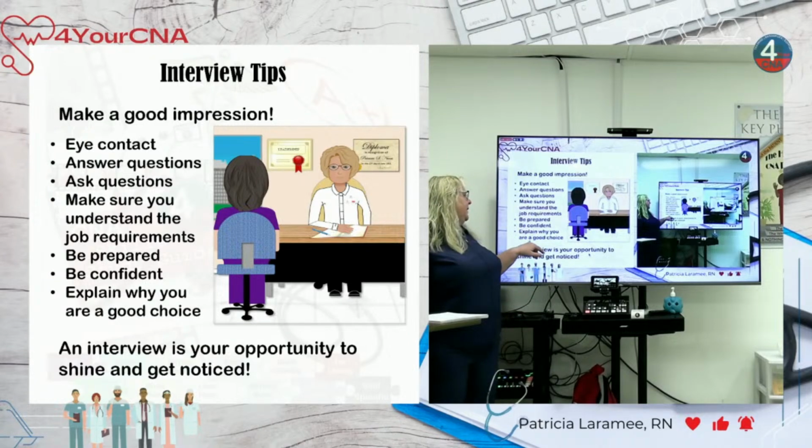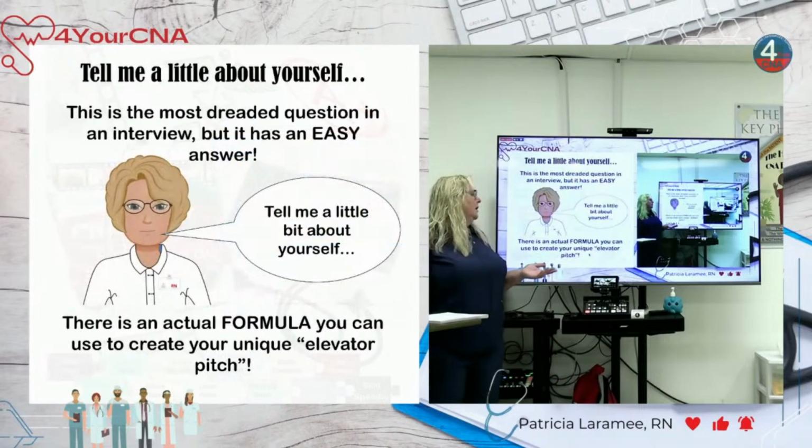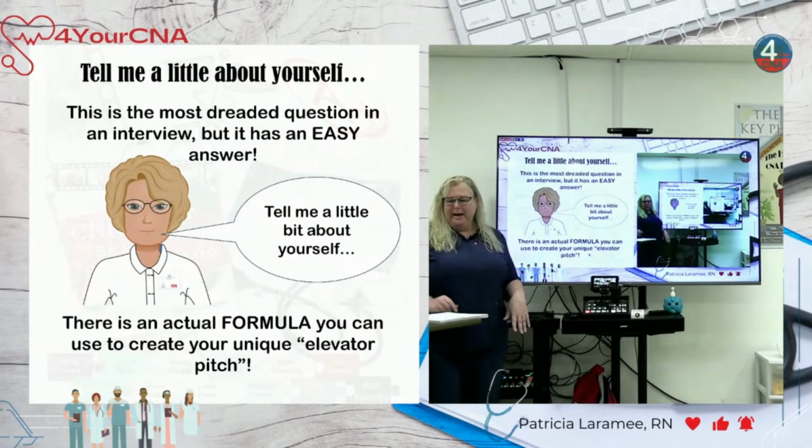You need to be prepared and confident, but you also need to be prepared to explain why you should be hired versus everybody else. What makes you relevant? You've got to have an answer to that because they're going to ask. And if you don't have an answer for that, you're not really going to be able to sell yourself very well. Okay. All right.